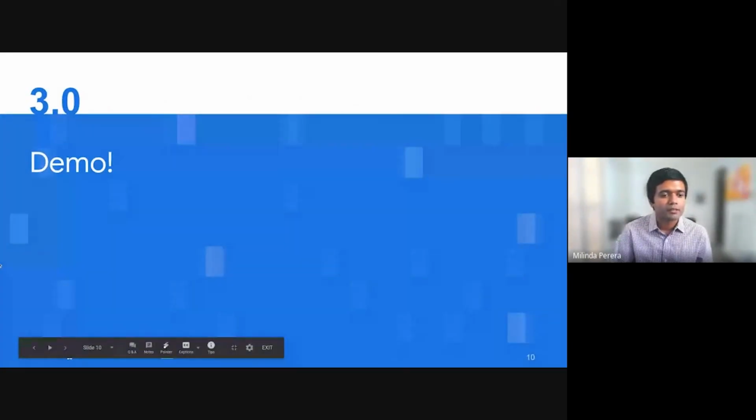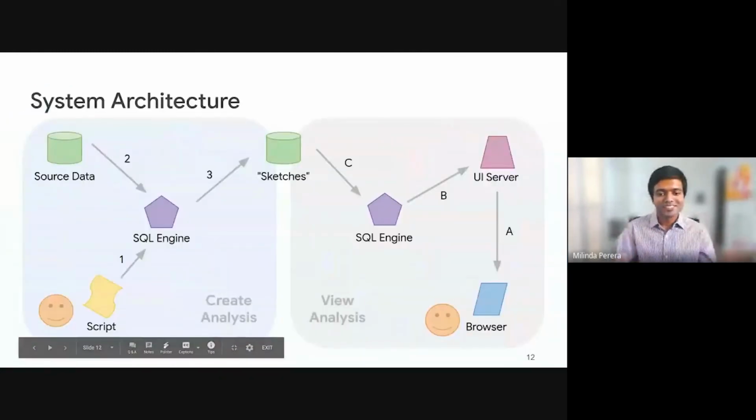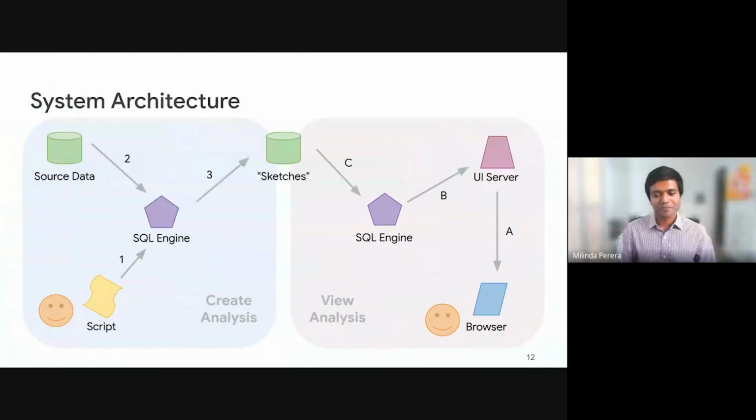All right, let's go. Okay, so this is the overall architecture of our system. We divide how we generate this analysis into two phases. We have the phase where we create the analysis, and we have the phase where we render the analysis. We try to distribute the work in these stages in various parts, because applying differential privacy can be really costly, right?